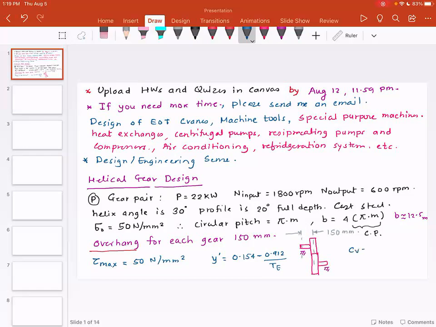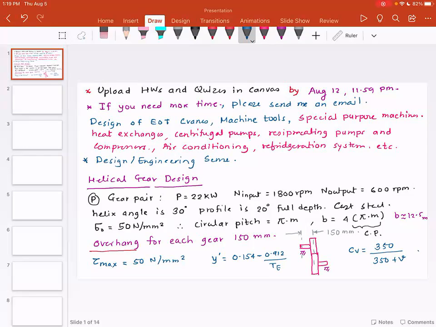And last but not least, the velocity factor is given as 350 divided by 350 plus V. It's good that the velocity factor is given so that we don't have to go through trial and error to find the velocity factor and reiterate the design.